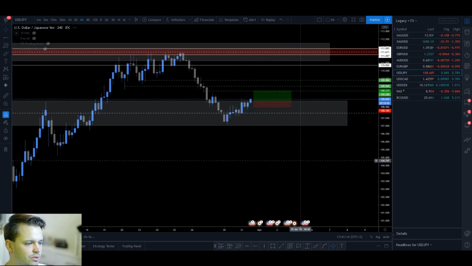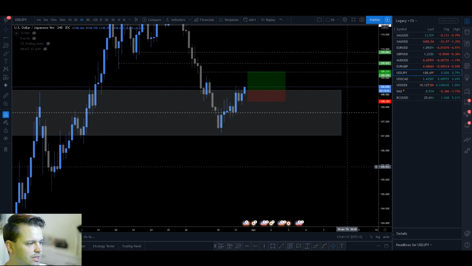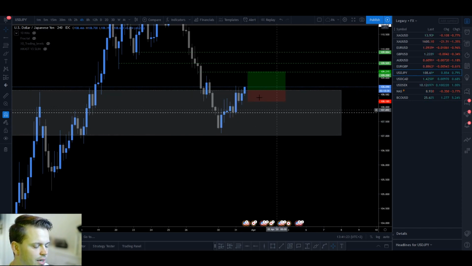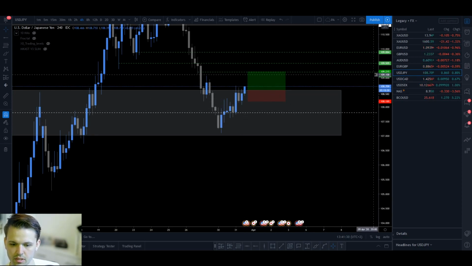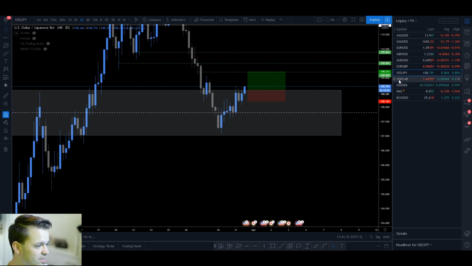I'm liking it. So let's see, the 4 hour closes in 2 hours. If the 4 hour actually closes above this order block, I'm going to enter this trade, I think. So I'm going to remember to actually do that too.